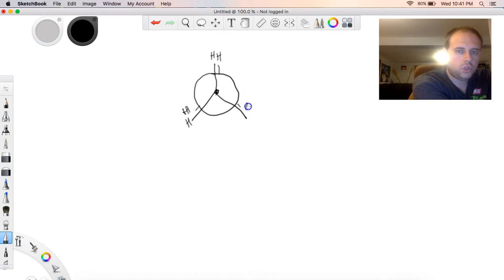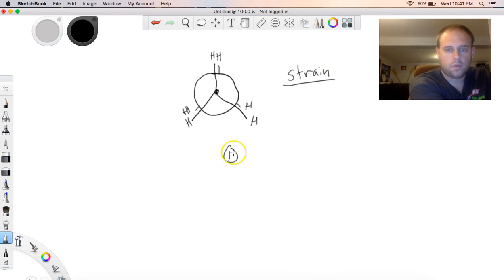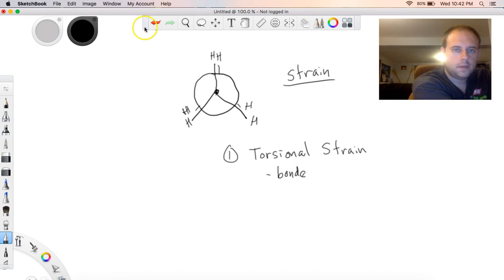So there's two considerations that we want to talk about here. And there's strain that is being introduced to the molecule. So the first type of strain that we're going to talk about is torsional strain. And torsional strain is due to bonds that eclipse.